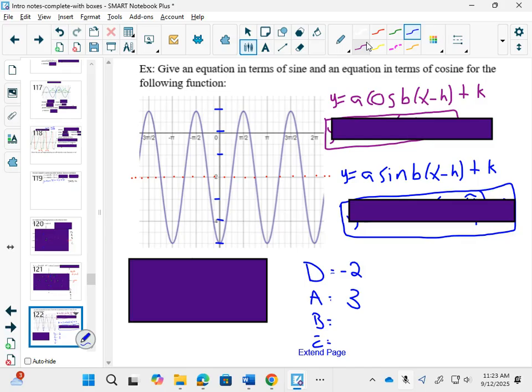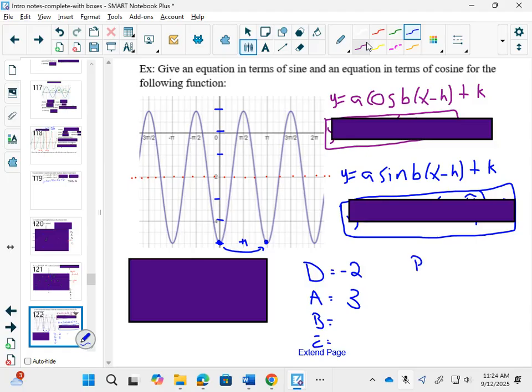I can find a period from a graph by just going from maximum to maximum, or in this case, I would probably think the easiest thing would be to go from minimum to minimum, because then I jump from 0 to pi, and the math is really quite easy. How far is it from 0 to pi? My period is going to be pi. That does not mean my b value is going to be pi, because you have two formulas.